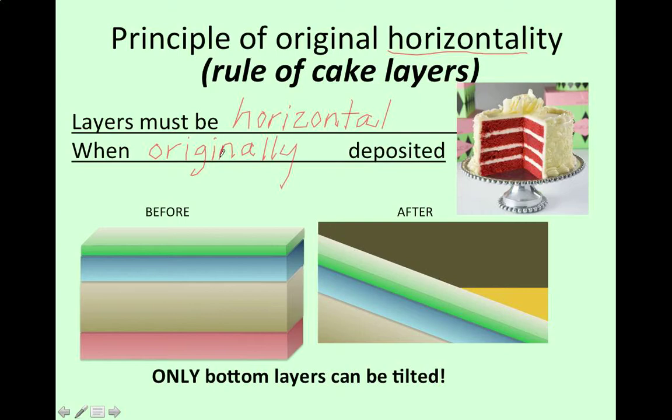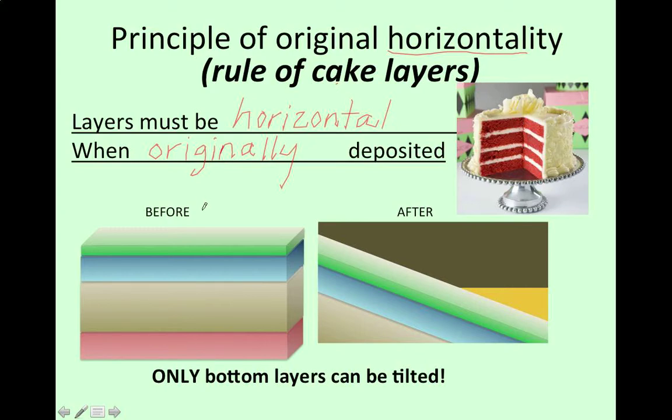Okay, when originally deposited. And I like to call this rule the rule of the cake layers. That's kind of my common sense name for it, right? A cake has to start out with flat layers. They have those TV shows where they make crazy fancy cakes, but they have to start out horizontal.